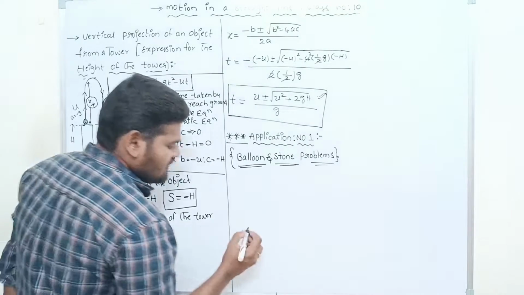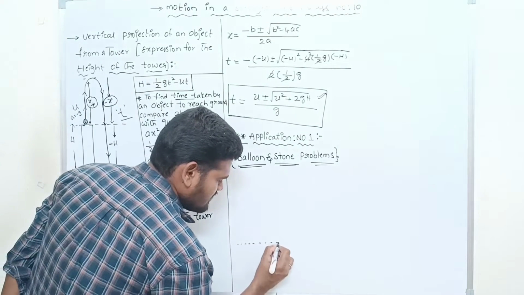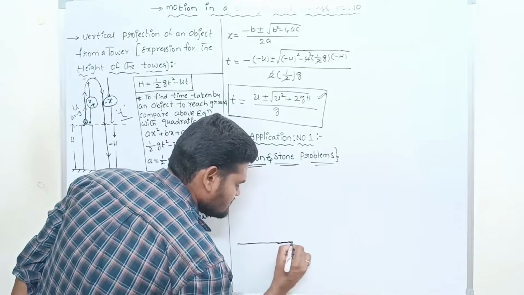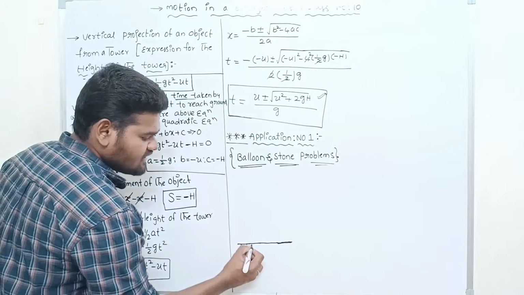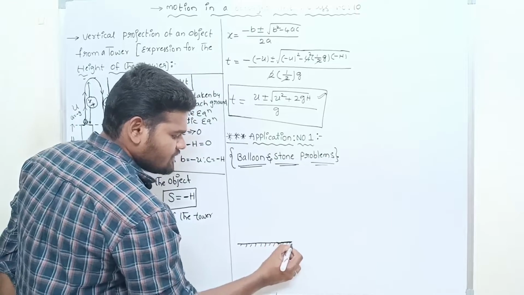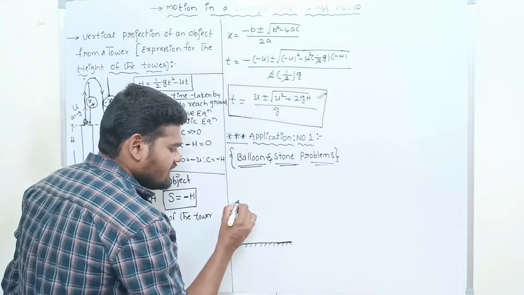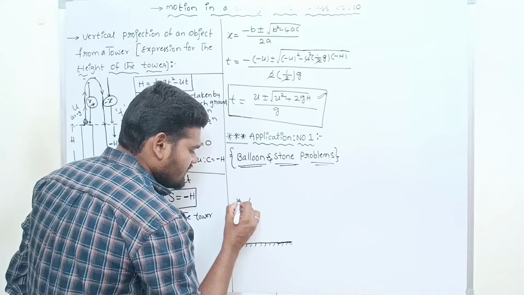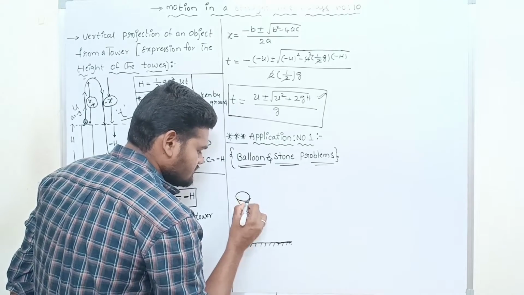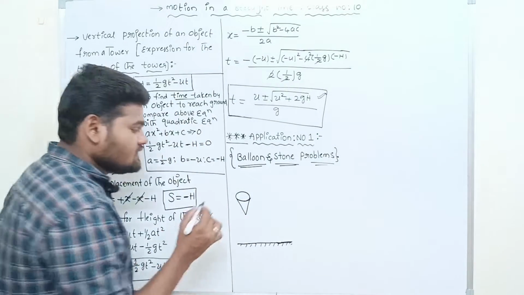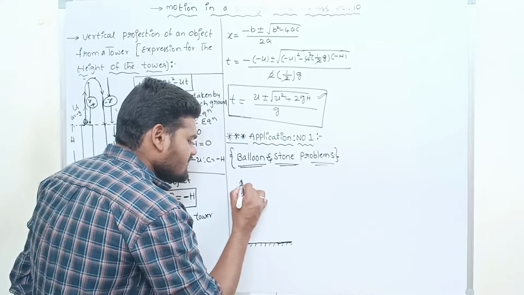Have a look. Let us consider this is a ground. So from this ground, a balloon is moving in an upward direction. So the velocity of the balloon, let us say u.